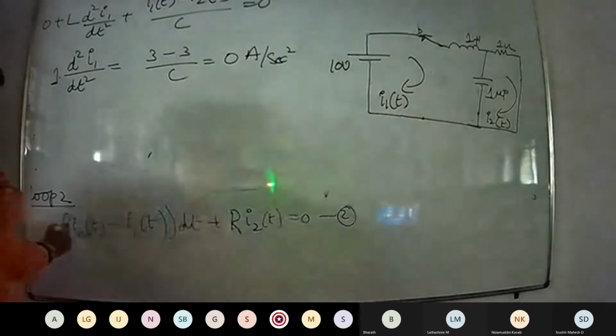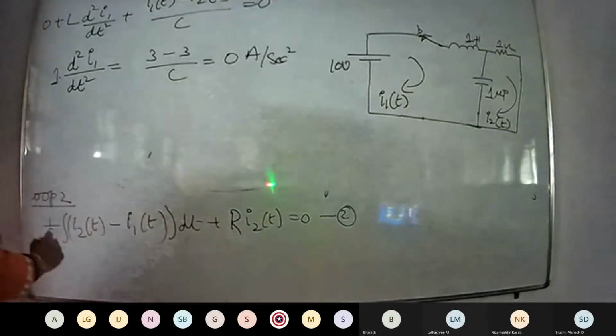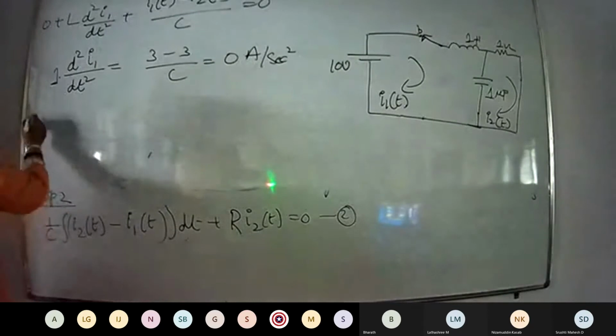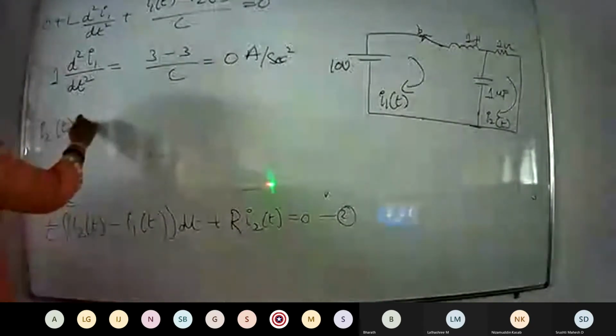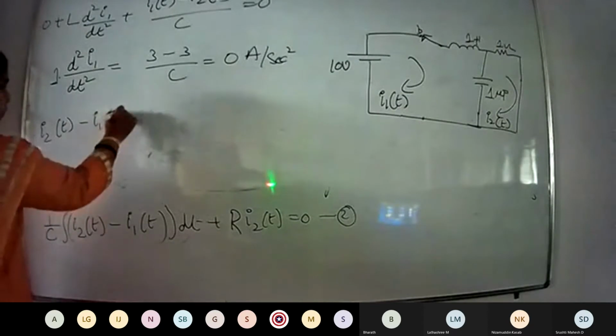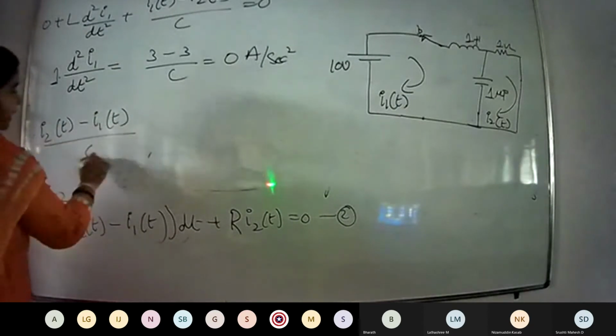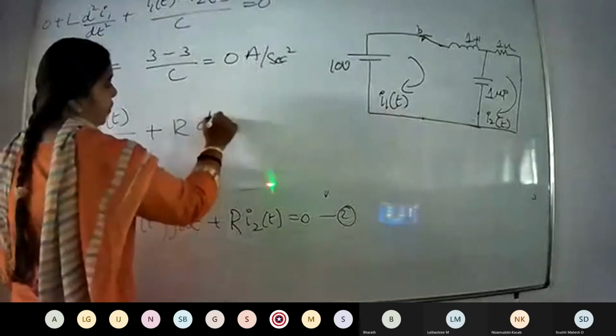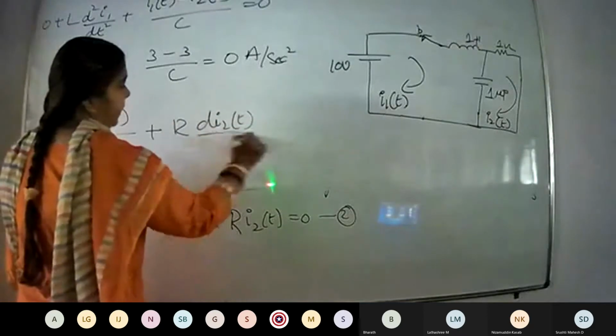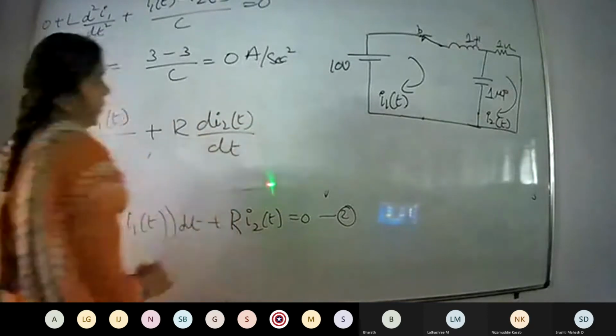Integration and differentiation will get cancelled, so we get I2 of t minus I1 of t divided by C plus R into di2 of t by dt.